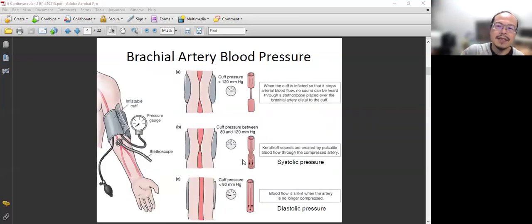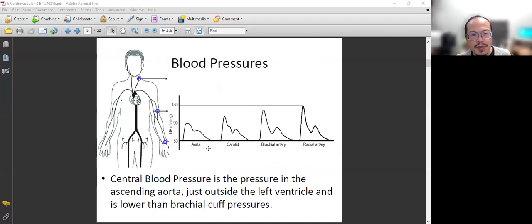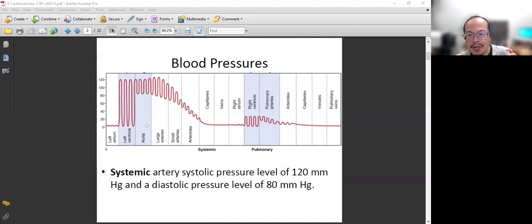Then the next thing is that we want to know the theory behind blood pressure. Blood pressure involves two things. One is how much blood is pumped out from the heart. The harder it pumps, the more blood gets pumped out, so your pressure will increase.